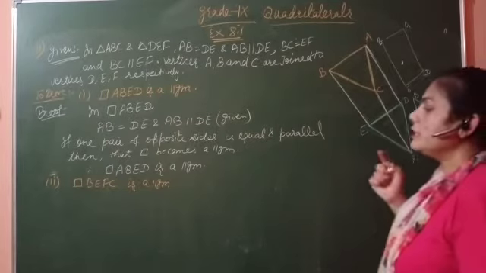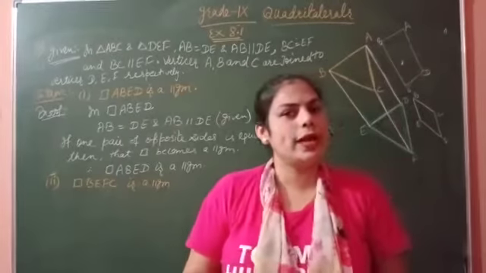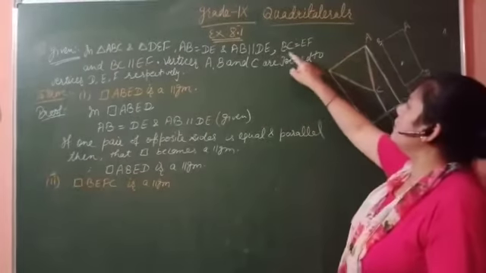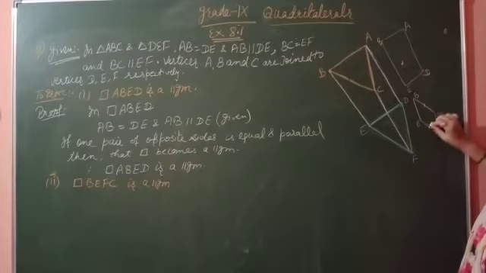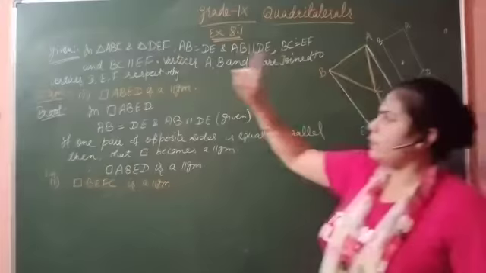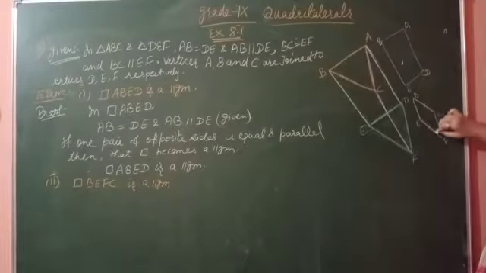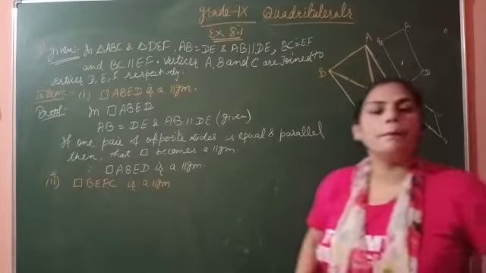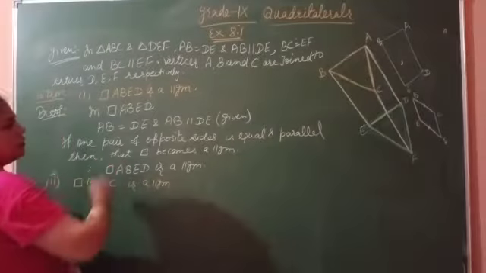A parallelogram is formed, same as before, if one pair of opposite sides is equal and parallel. We know that BC is equal to EF, and also BC is parallel to EF. This one pair of opposite sides is equal and also parallel, so that quadrilateral becomes a parallelogram, same as in our first part.